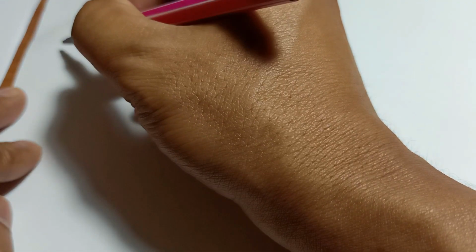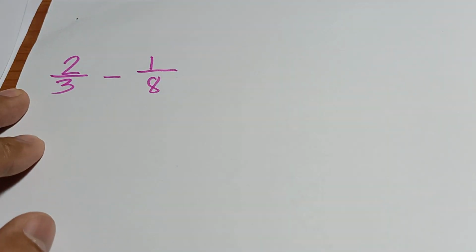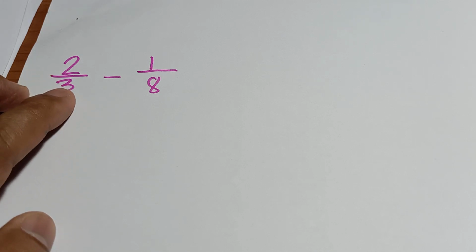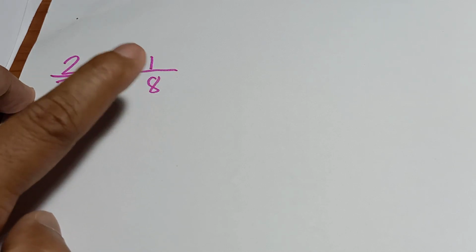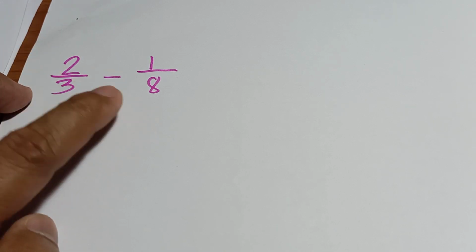Let's take the last example in this topic. If you have 2 over 3 minus 1 over 8. The first step is to make the denominator the same.